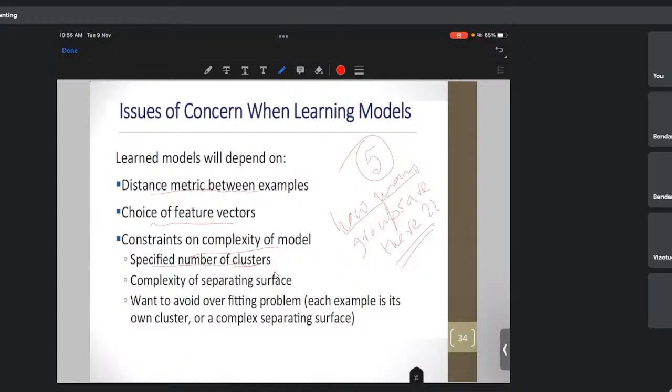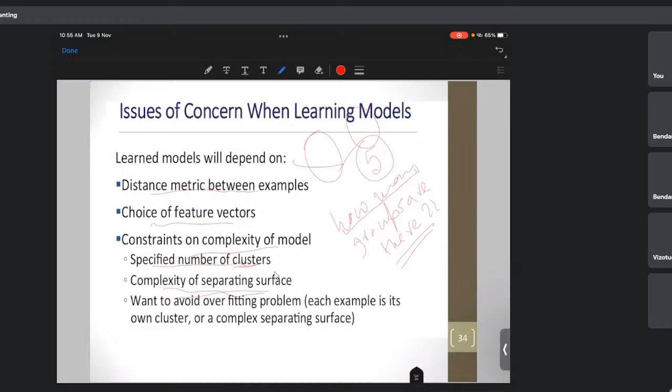We'll try to see what the issues are, and the complexity of the separating surface. We can consider a straight line, a circle, a 2-dimensional hyperplane, or a higher dimensional hyperplane as the separating surface.